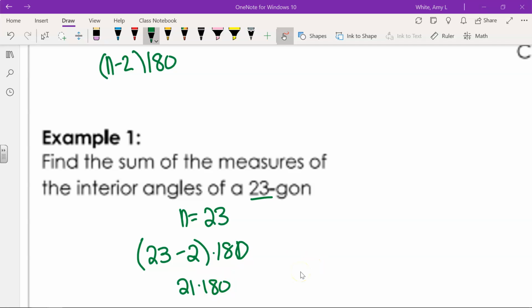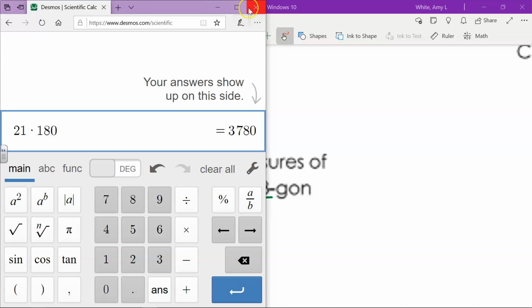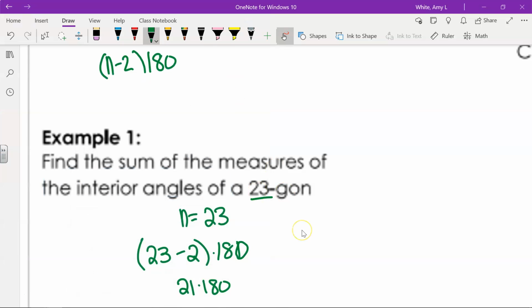And this is where I would take my calculator. So I could do 21 times 180, and we get 3,780 degrees. So if we add up all of the angles in that 23-gon, it would be 3,780 degrees.